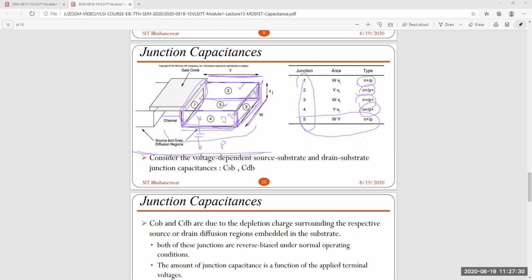Channel is here, just at the surface, but here it's P. So that's why it is an N plus P junction. So overall you can see 5 capacitances. Source side also has the same side wall capacitances. The bottom wall capacitance you will not get, because source and bulk are shorted. So you cannot get this bottom wall capacitance, but you will get the side wall capacitance.